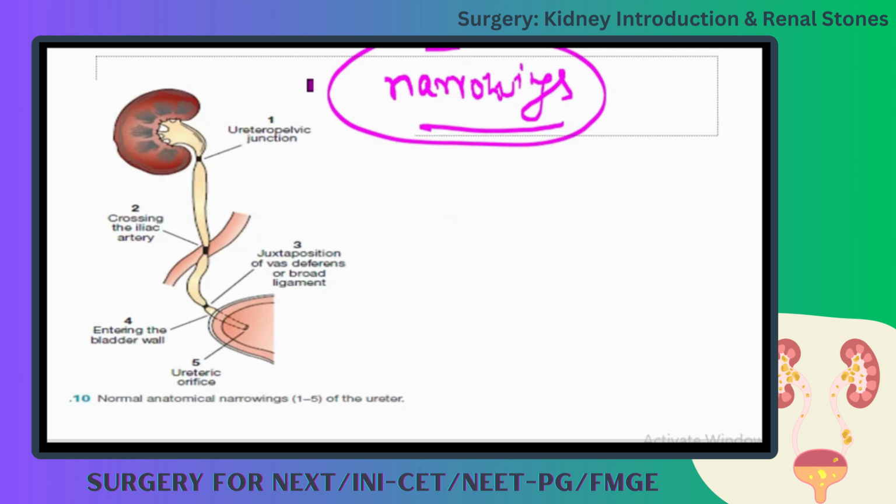Day after tomorrow, we'll be discussing the esophagus. In the esophagus also, there are some anatomical narrowings, constrictions. What is the importance of that? Here, stones are there in the narrowings.